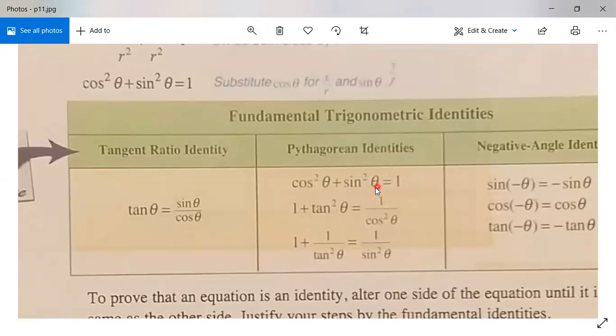Now, if I need sine square, I move this one to the right side.